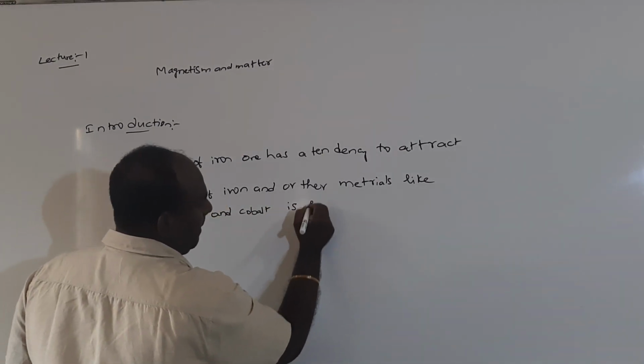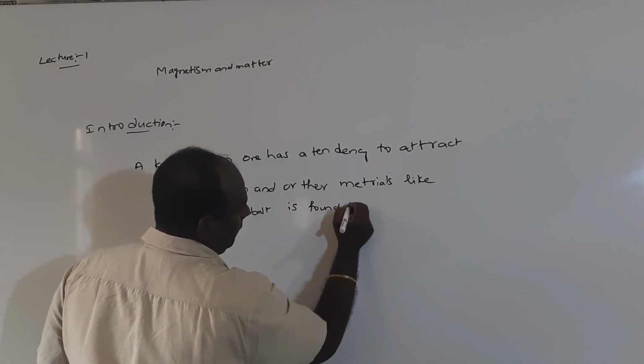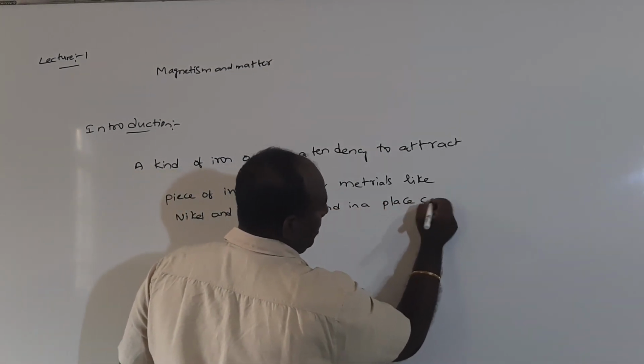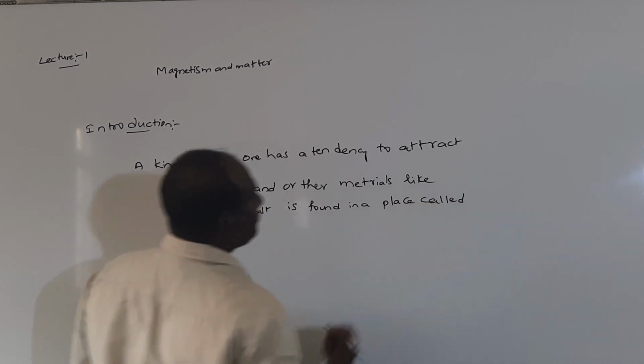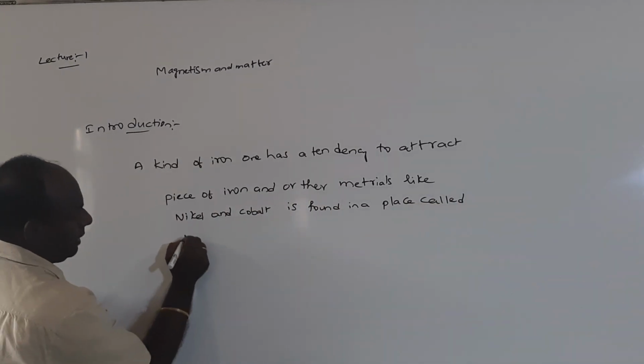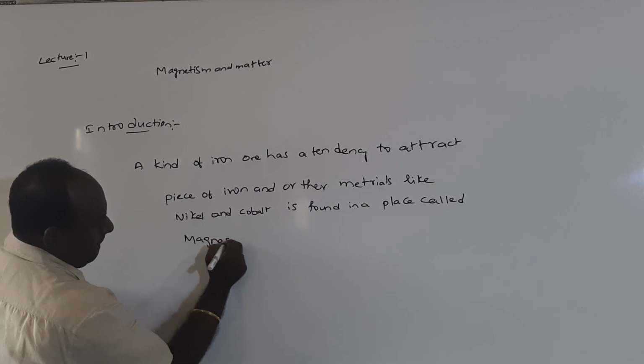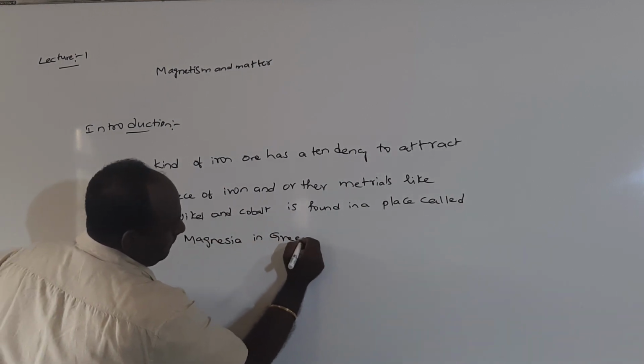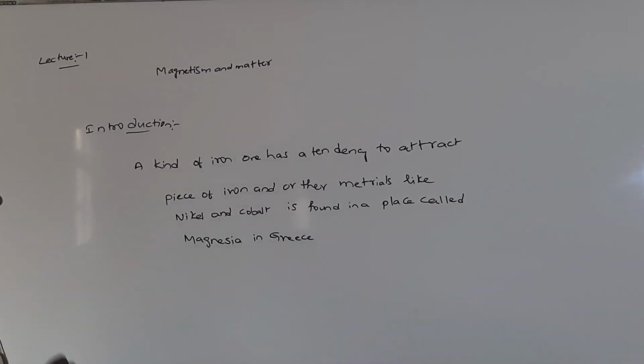It is found in a place called Magnesia in Greece. This is the first basis of finding magnetic materials.